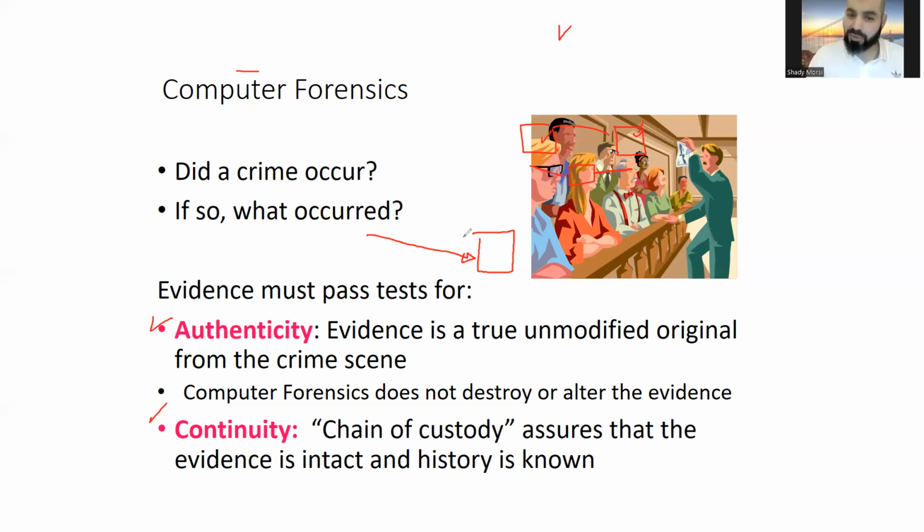That's why I told you, when we get a laptop or a mobile and we are 100% sure it's committed a crime, we don't do our analysis in this computer, because every time you work in a computer, even to collect logs, the registry and the logs in this computer change. I want really original evidence without any modification.